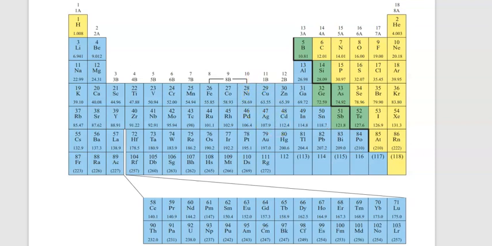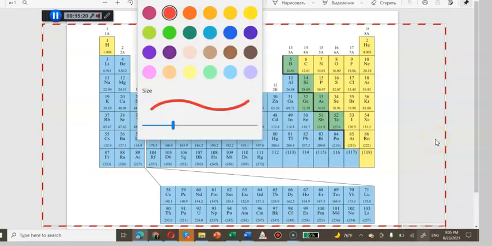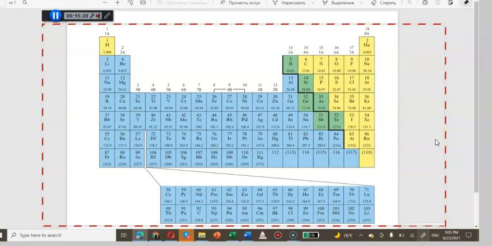Let's say, what do we have here? Let's check. Like this element, it's sodium. Let me write it down here, sodium.